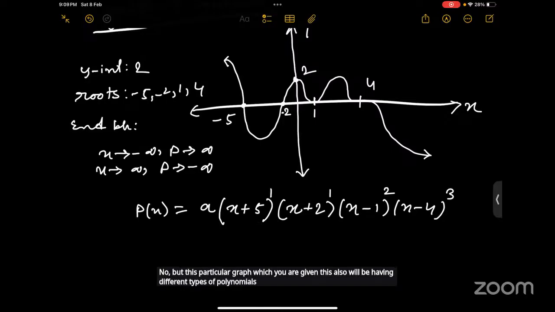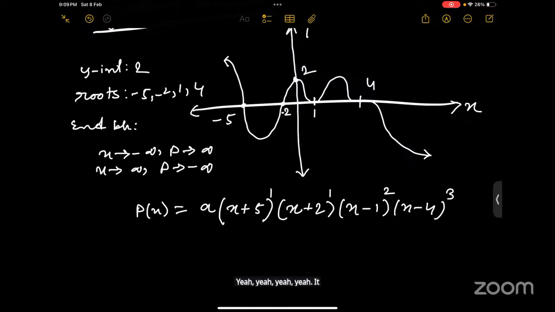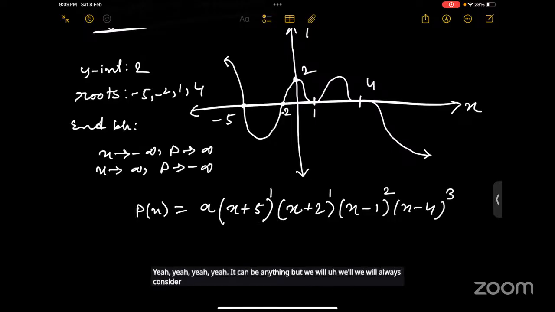It is not necessary that the x minus 1 factor has power 2; it can be 4, 6, 8, 10, anything. Yes, it can be anything, but we will always consider the least one for simplicity. Okay, madam, no problem.